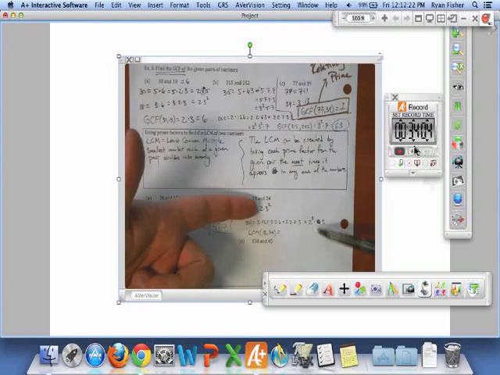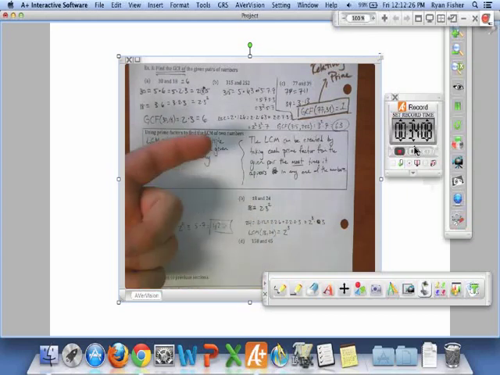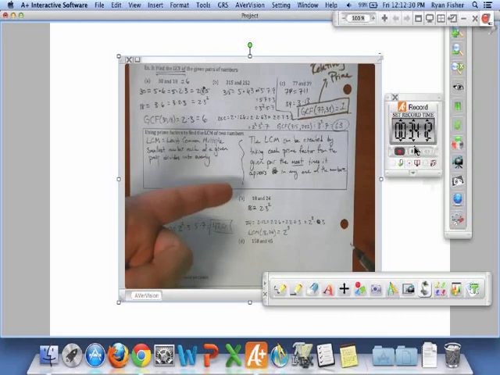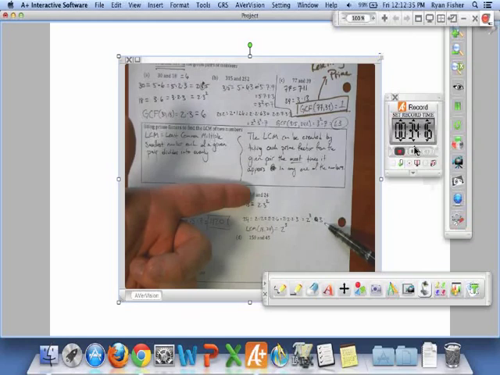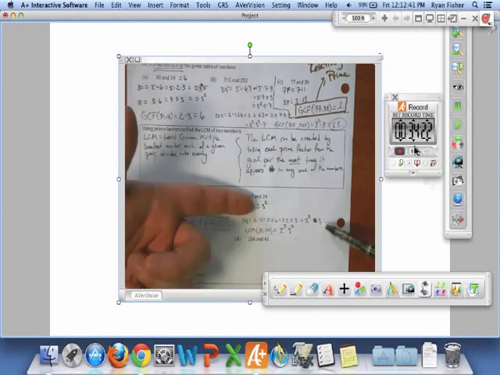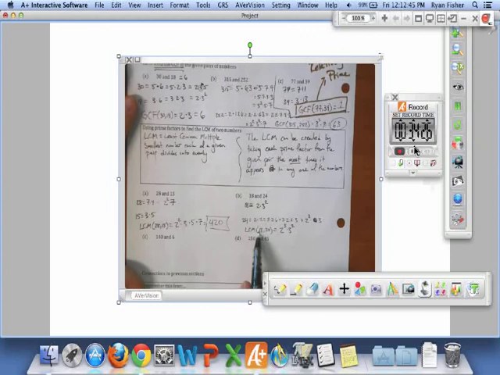What's the most times I see 3? Up here. Are there any other primes that I see? No. So the least common multiple between these two, the smallest number that each 18 and 24 goes into, 2 times 2 times 2 times 3 times 3, 72. So 72.